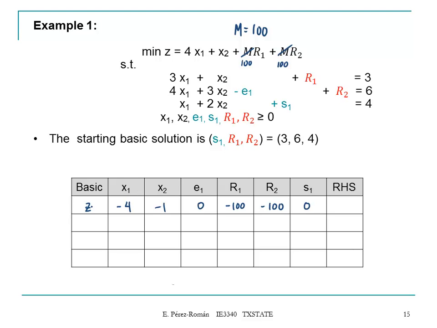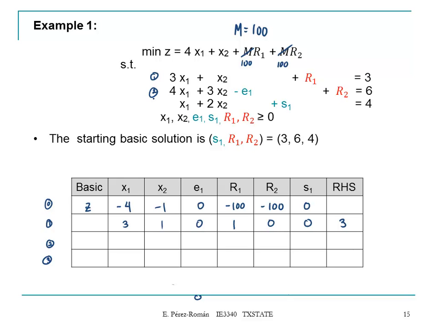So now let's work with the first constraint. The coefficients for x1 and x2 are 3, 1, and we have 1 for R1, and the right hand side is 3. Then our second constraint, so this is the first one, second, third.